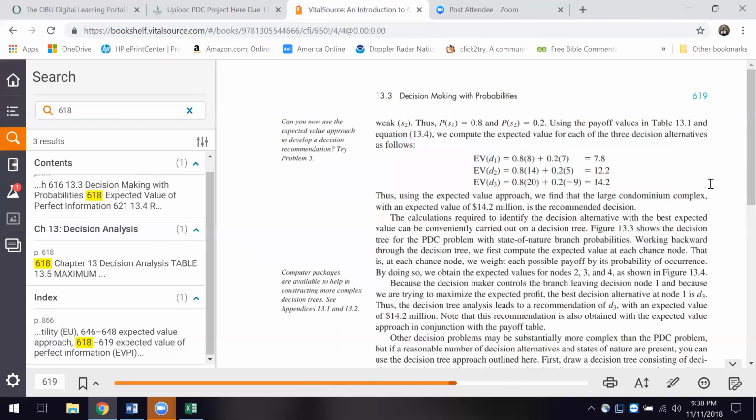One is, I think, strong demand, which they think is about 80%. There's about an 80% likelihood, and then there's a 20% likelihood, they believe, of having weak demand. And so this starts us on that road of decision making under uncertainty.